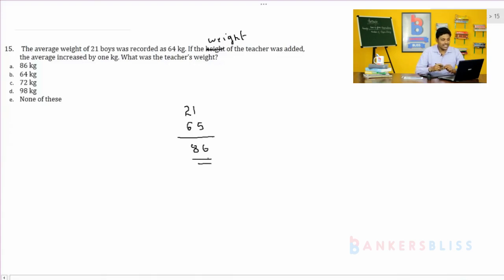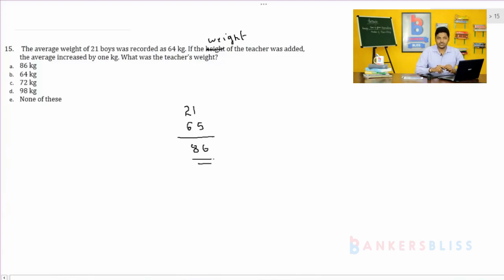After distributing, he is getting 65 kgs, because in the question itself they have mentioned the average is increased by 1, means from 64 it is going to become 65. So after distributing 21 to 21 members, the teacher should have 65 kg. So 65 plus 21, the weight is 86. So 86 is the answer, option A.